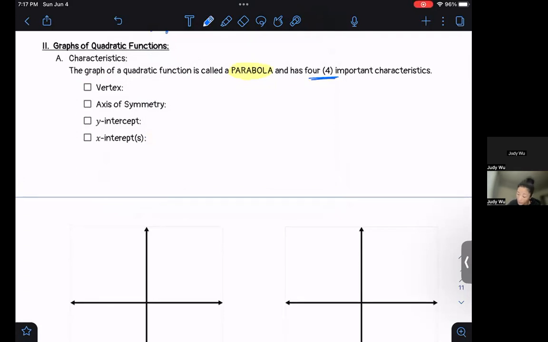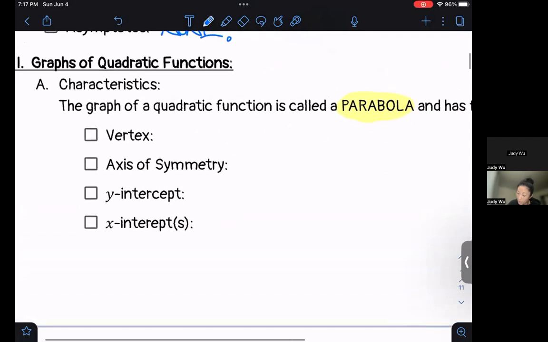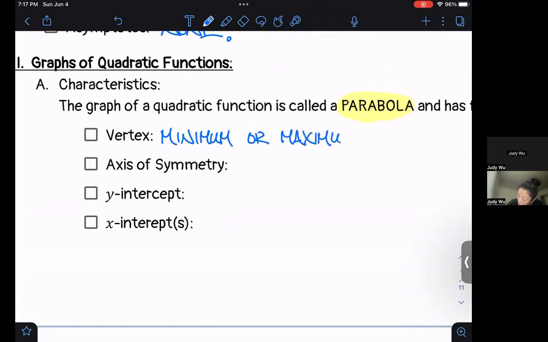The vertex of our parabola is either the minimum or the maximum.